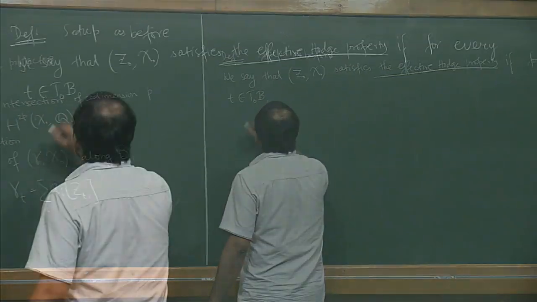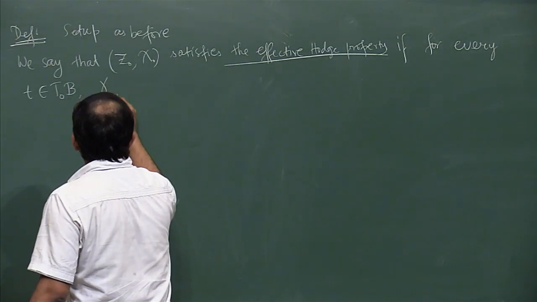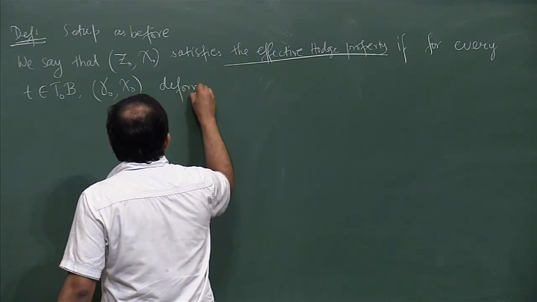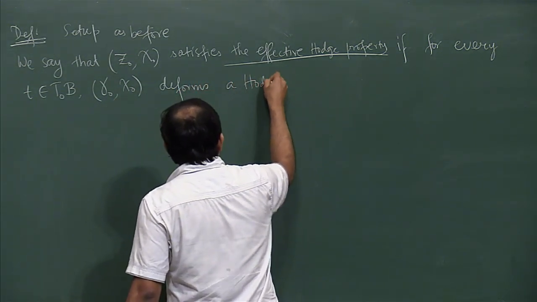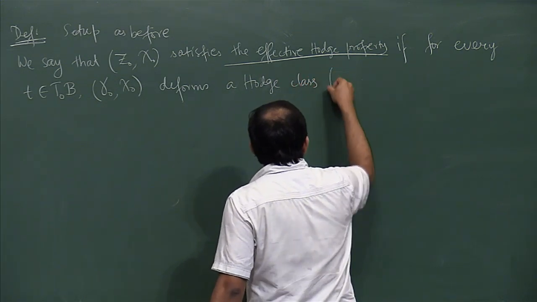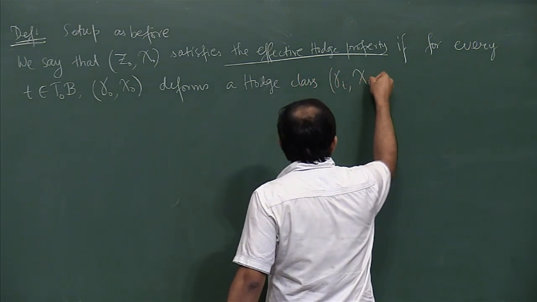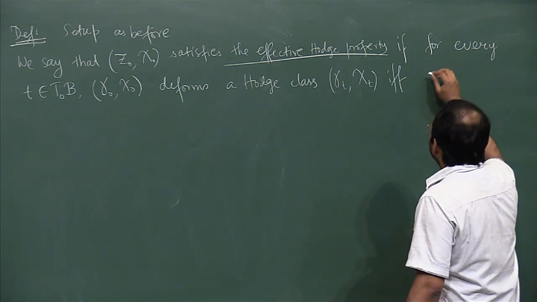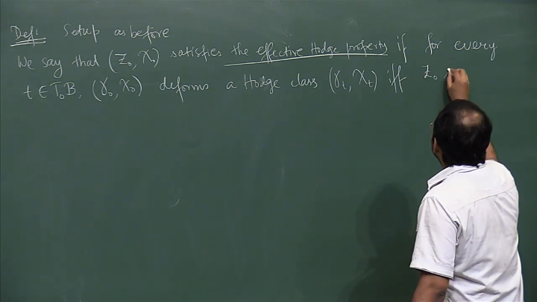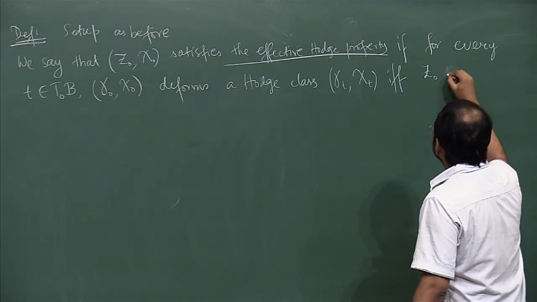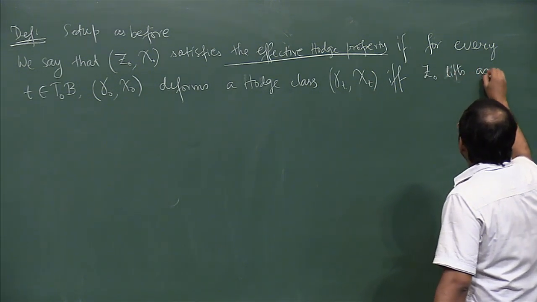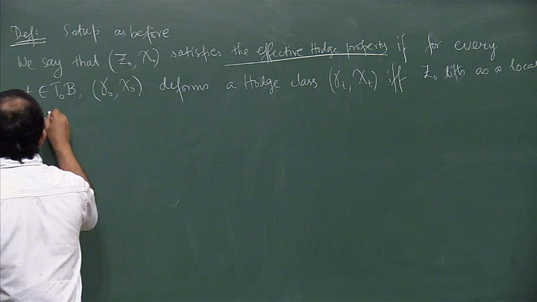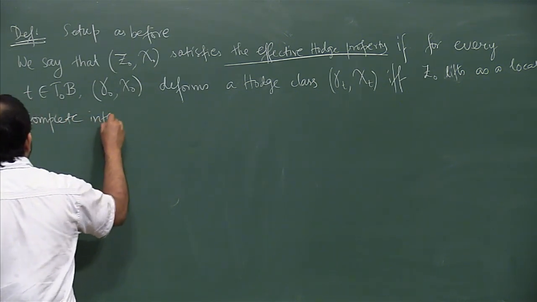We have that gamma 0 deforms as a Hodge class gamma t if and only if Z0 lifts as a local complete intersection.